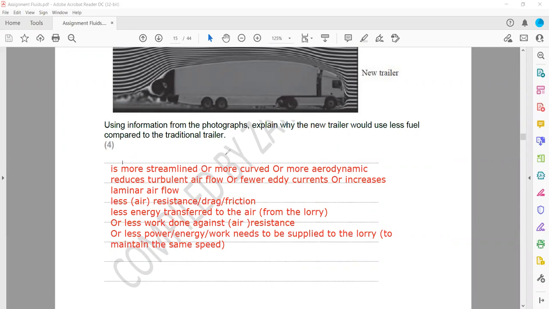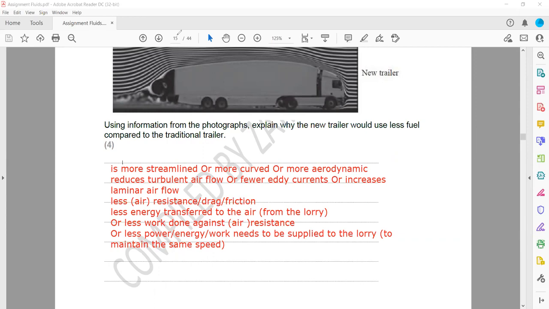Their design is aerodynamic, which reduces the air resistance as much as they can. So less air resistance means less drag or friction, so less energy transferred to the air from the lorry, or less work done against the air, or less power or energy needed to supply to the lorry to maintain a constant speed, because otherwise the energy would be used to overcome the air resistance, but in this case it won't be wasted.